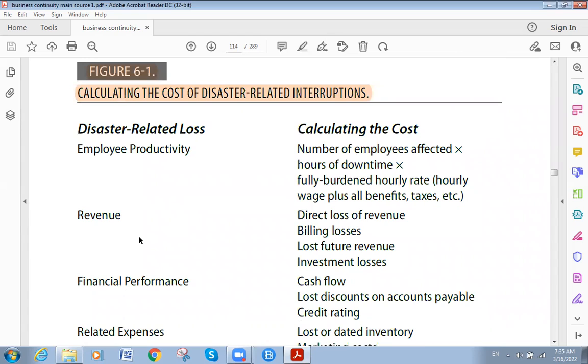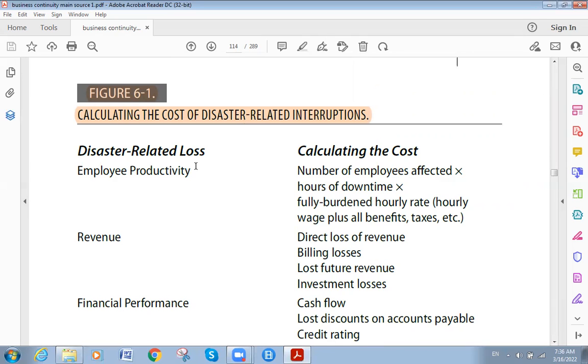Here is how to calculate the cost of disaster related to interruption, any interruption in the organization. It shows how this works. As an example, first, employee productivity.